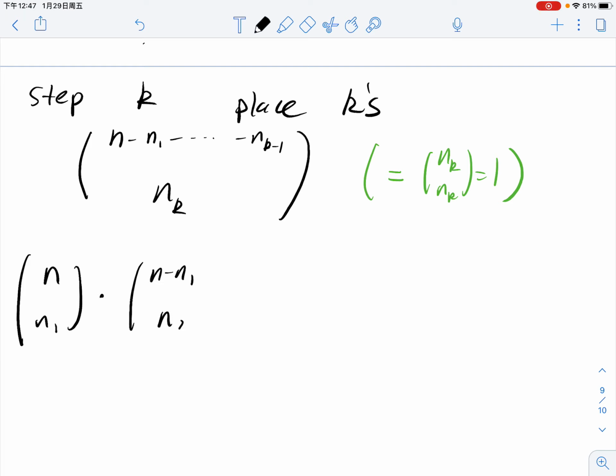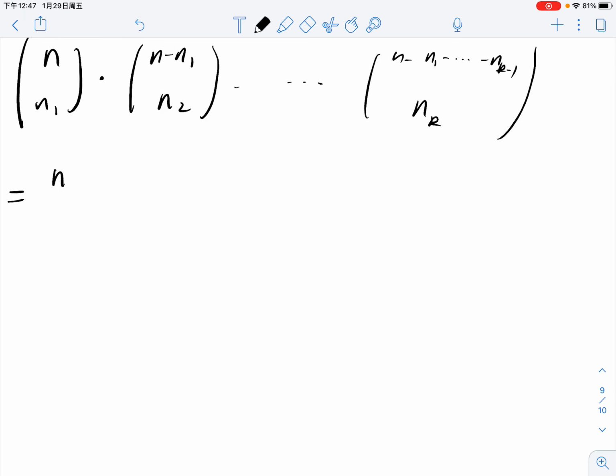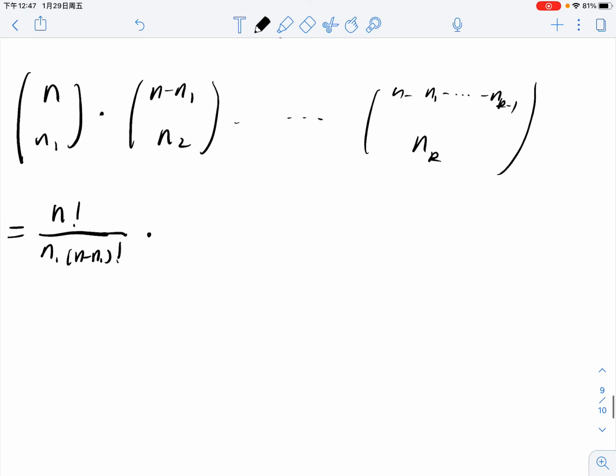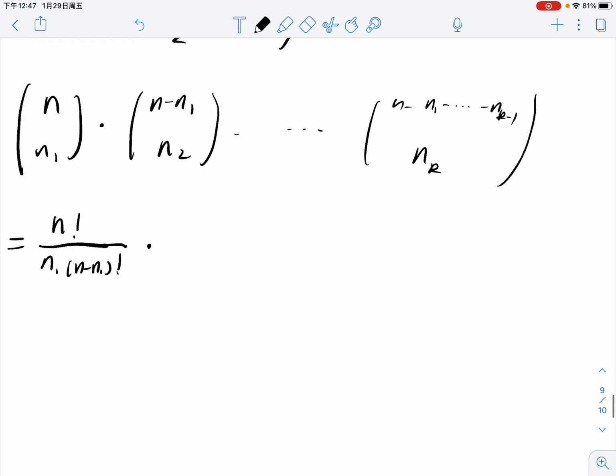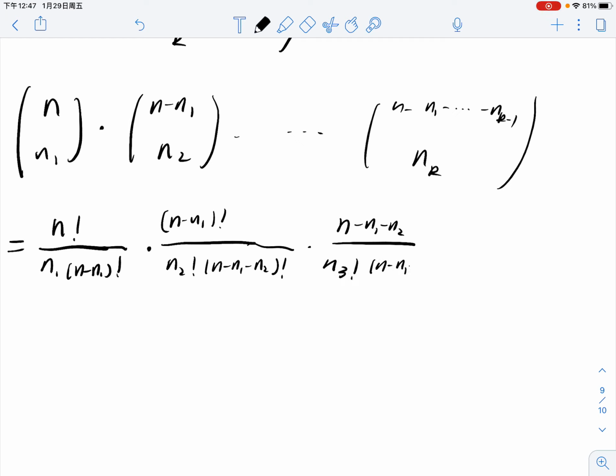So you need to do the product, and then we plug in the formula for combinatorial numbers. Because we're not satisfied with this formula yet, we need to simplify it. If you write it down carefully, you will see there are obvious cancellations.